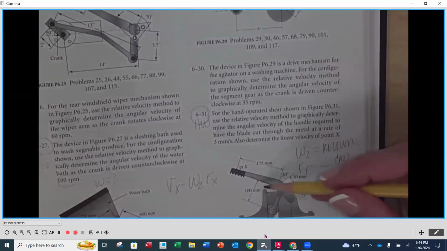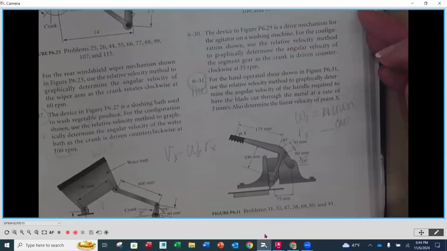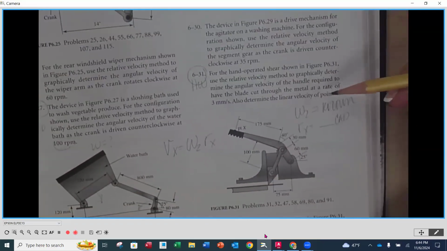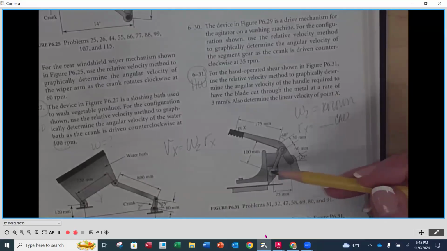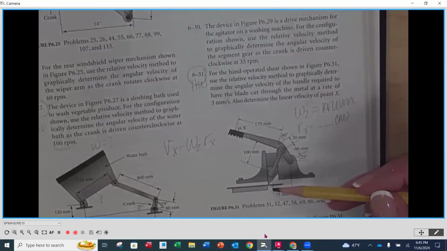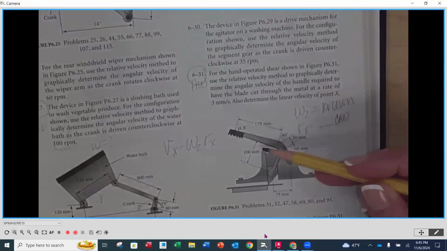It's actually going to be W2 that we want to find, when the blade is going at a rate of 3 millimeters per second as it's cutting through the material. So it's going down at 3 millimeters per second. What is the angular velocity of our handle?